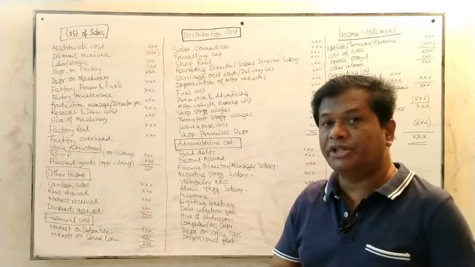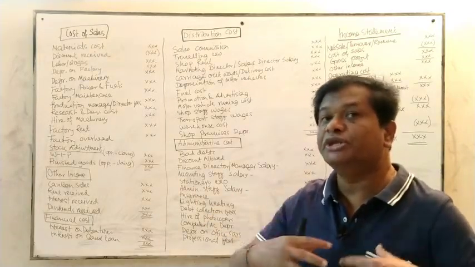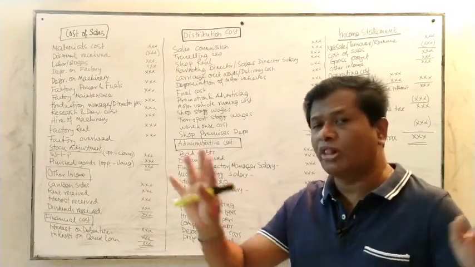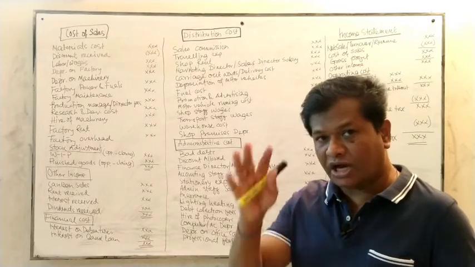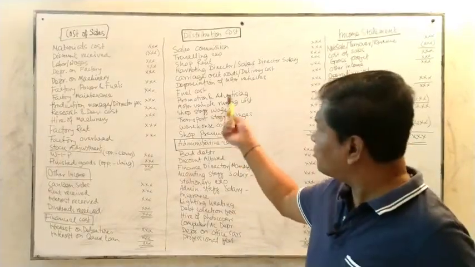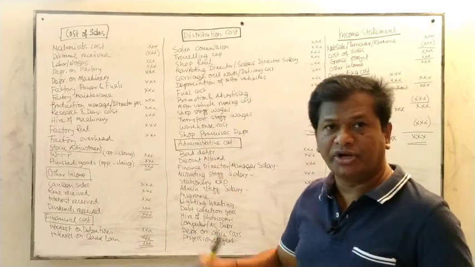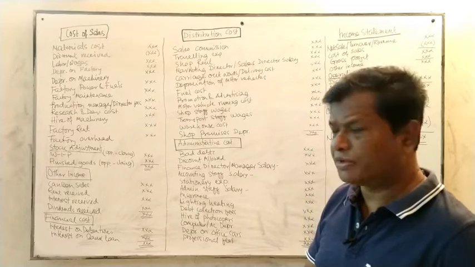All of them are called the distribution cost. You are interested in increasing the sales, so all the strategies and actions taken by the business are under the distribution cost. The maximum number of distribution costs are written over here. More or less you will get these figures in your question paper.